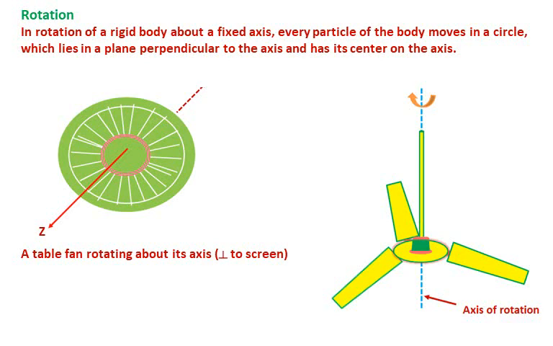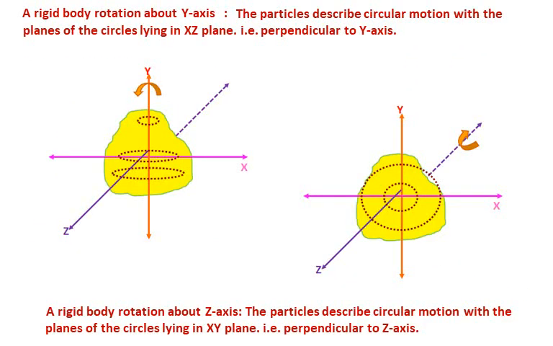The figure shows a table fan rotating about its axis perpendicular to the screen, and the motion of the fan and its axis of rotation. A rigid body rotating about the y-axis.